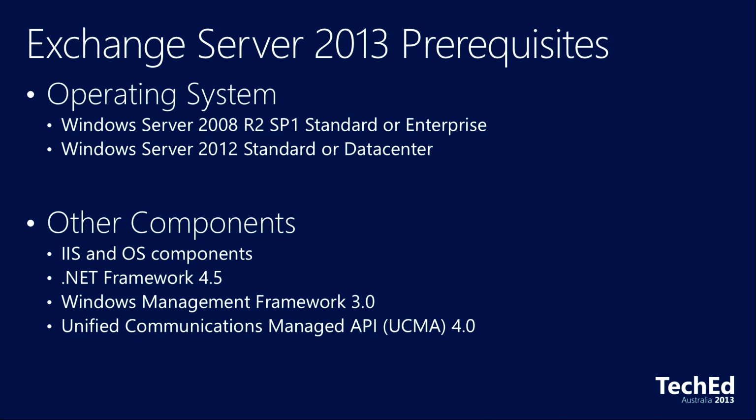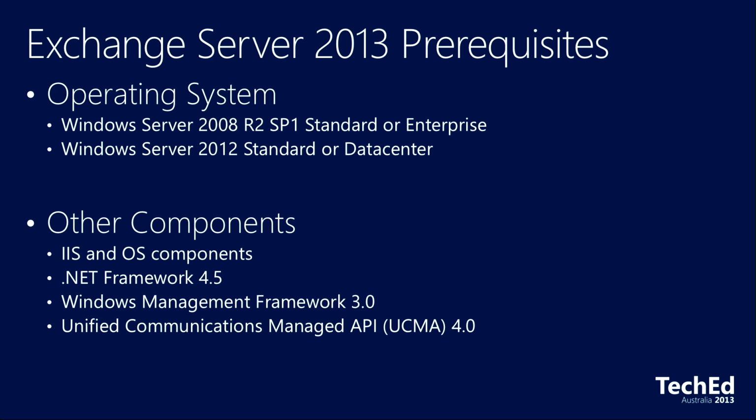Now, Exchange 2013 can be installed on one of two operating systems, either Windows Server 2008 R2 with SP1 or later, or Windows Server 2012. And we'll talk about the editions in a moment. You will get a better experience with Windows Server 2012 for a couple reasons. First, the deployment experience is better. It includes prerequisites that Windows 2008 R2 does not.